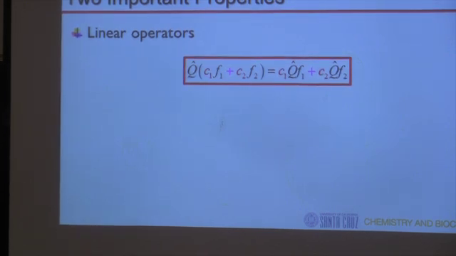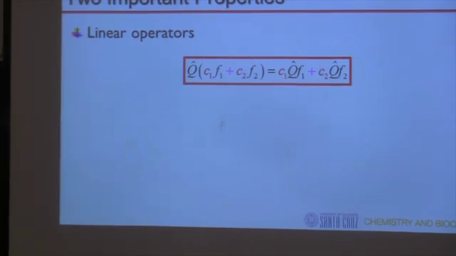Let me give you one simple example. Let's say we have an operator, d/dx. This is the Q operator.